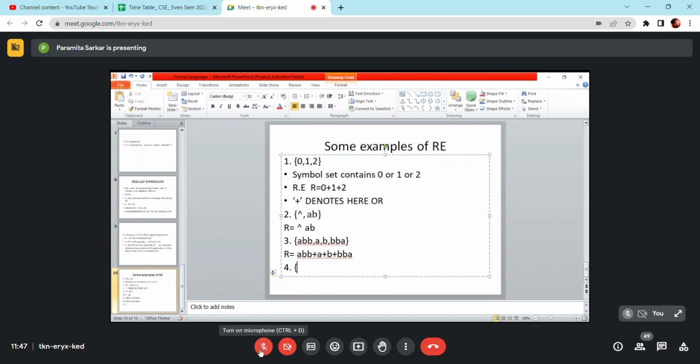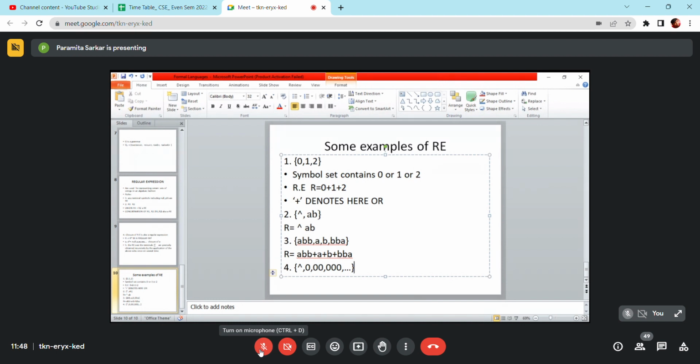Where I can put the null symbol and also 0 comma 00 comma 000 comma, and so on. If you look carefully, we can find any string that is formed by any number of 0s together.